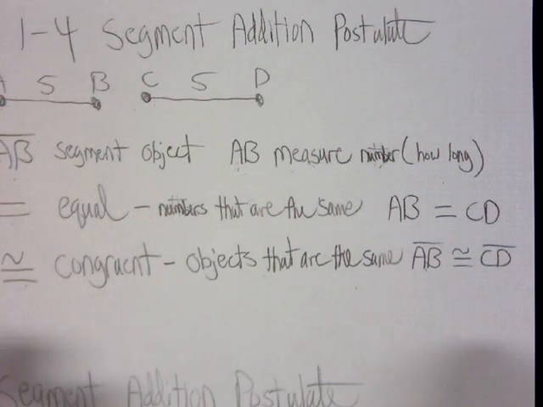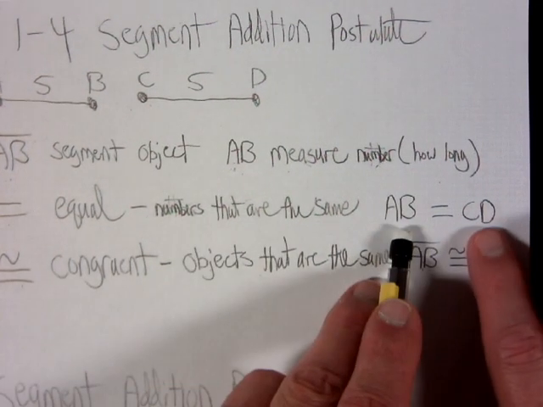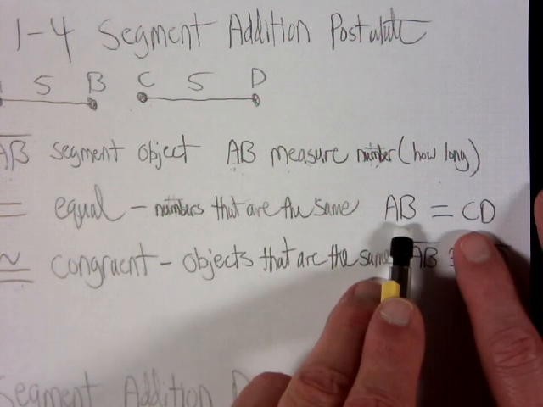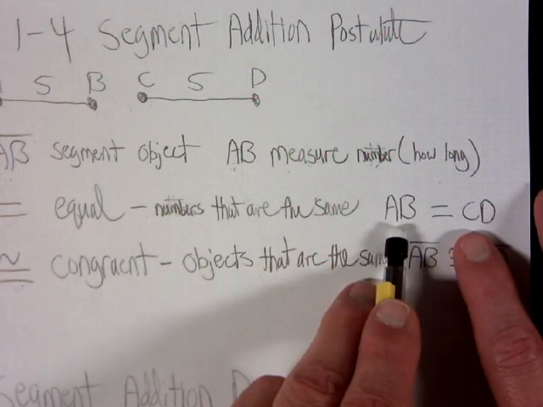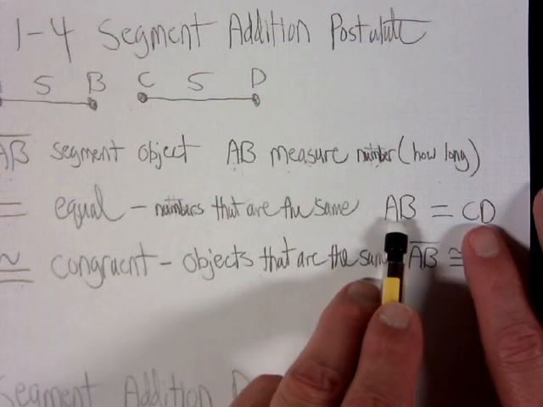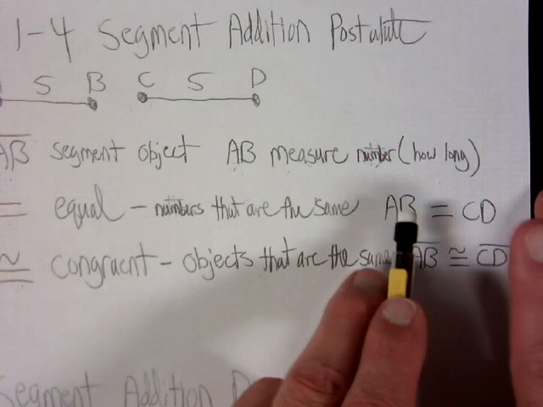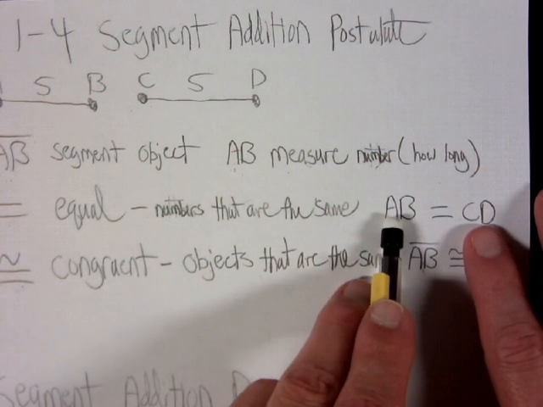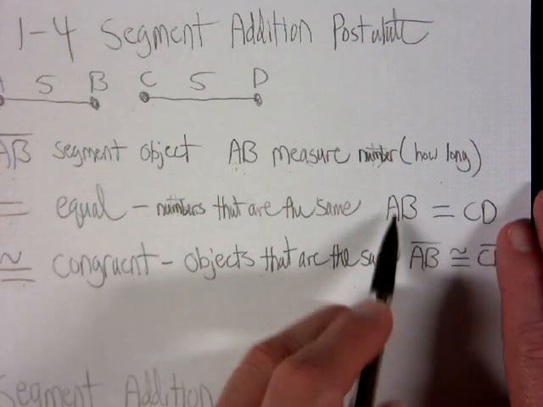Remember, if I just write these two letters without any symbol above it, I'm talking about the measure. And what's the measure? Is the measure an object or a number? The measure is a number. Well, what should I use between two numbers that are the same?